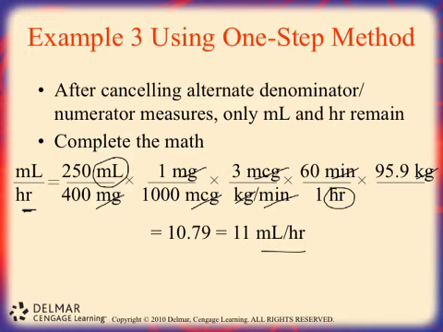So then we multiply across, we come out with 10.79 or 11 milliliters, which we did before. So it's the very same thing, except we plug in our 3 micrograms per kilogram per minute and just work it in one long equation, rather than taking our kilograms times our 95.9 kilograms in a separate step and then working the equation.